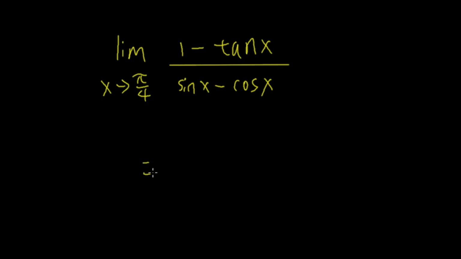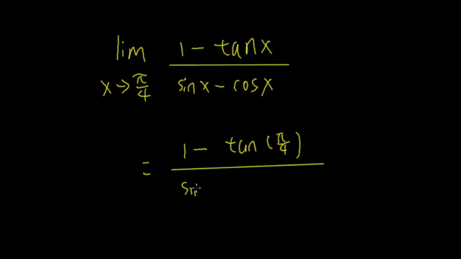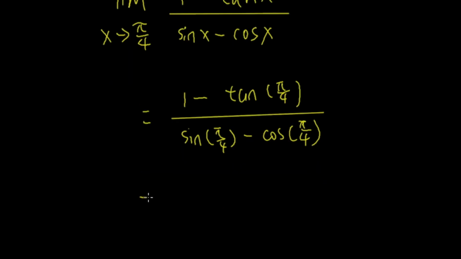So here, that's equal to 1 minus tan pi over 4 divided by sine pi over 4 minus cosine pi over 4. Okay, now 1 minus tan pi over 4 is 1 minus 1, which is 0.